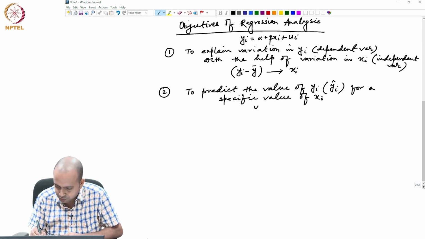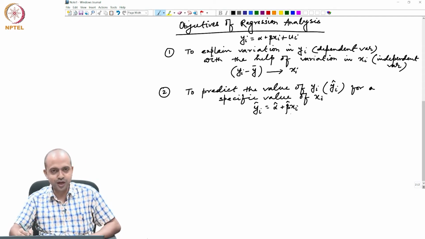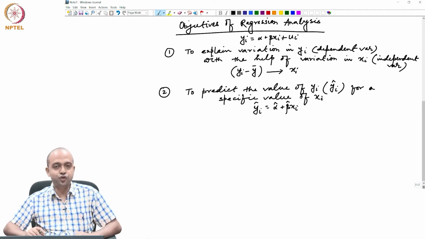That means you will estimate this type of model, yi hat equals alpha hat plus beta hat xi. So, if you know your alpha hat and beta hat after estimation, then you can predict yi hat when you put a specific value of x, right. So, these are the two objectives of regression analysis.